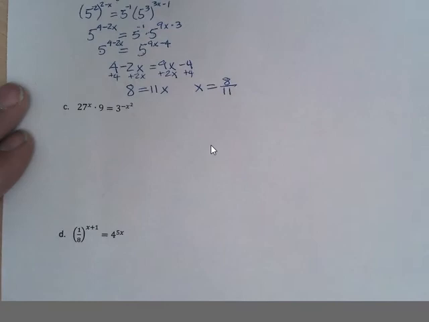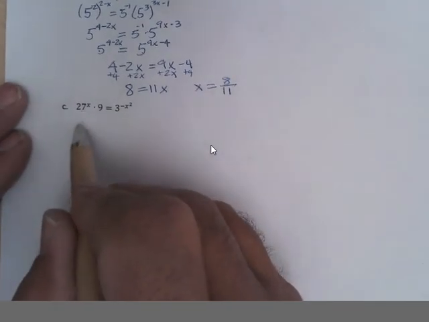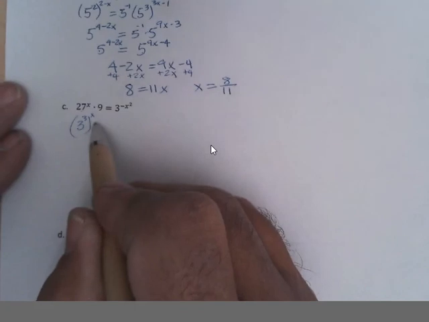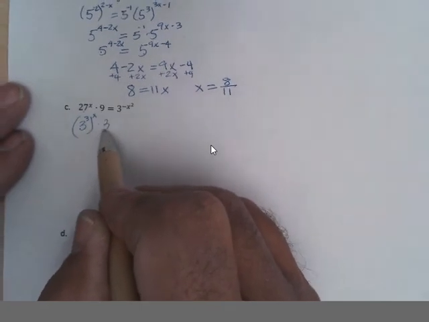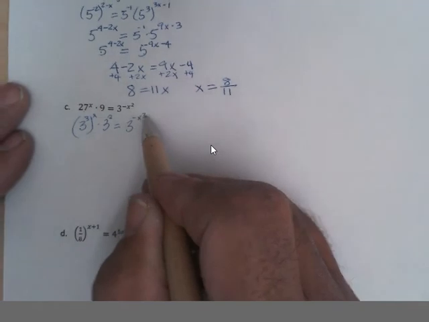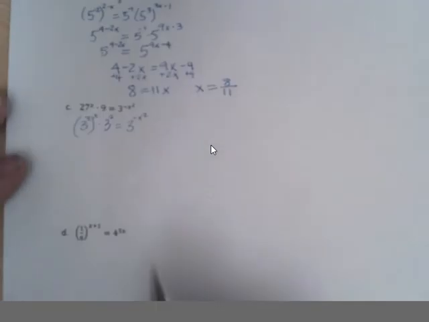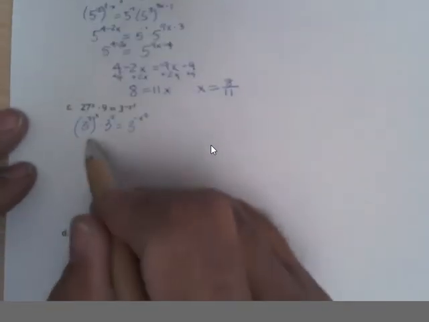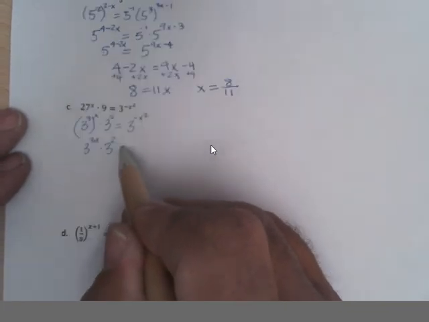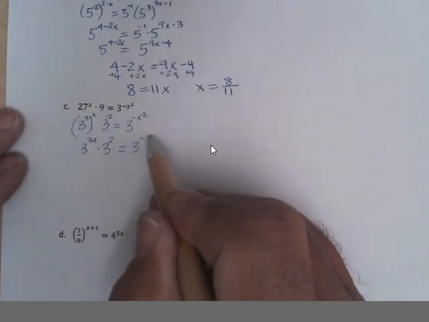Looks like the common base is 3. This is 3 to the third to the x times 3 squared equals 3 to the negative x squared. Take care of this first, so we got 3 to the 3x times 3 to the 2 equals 3 to the negative x squared.